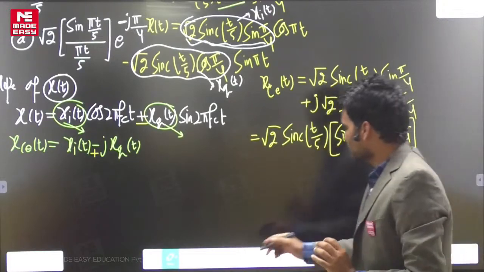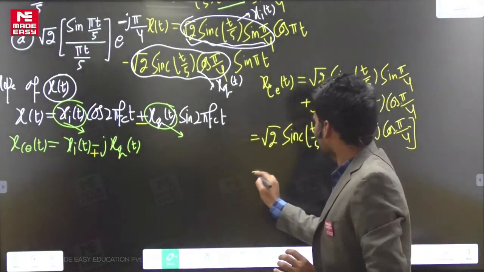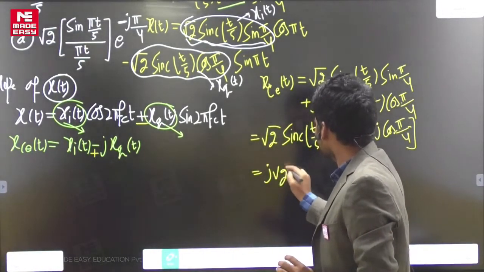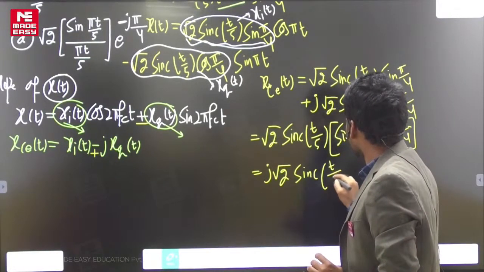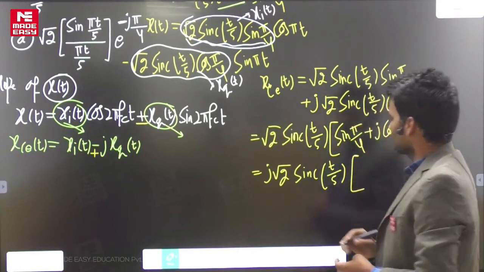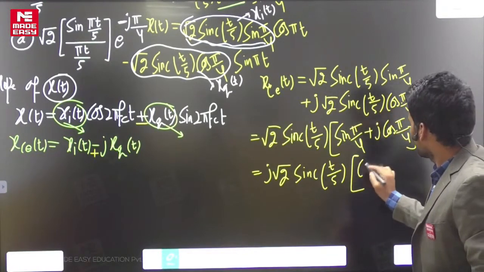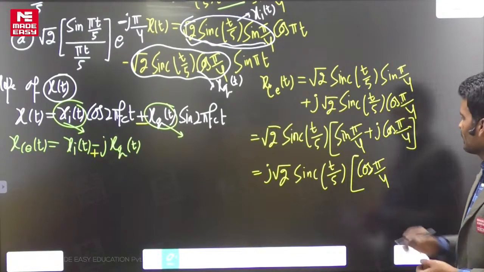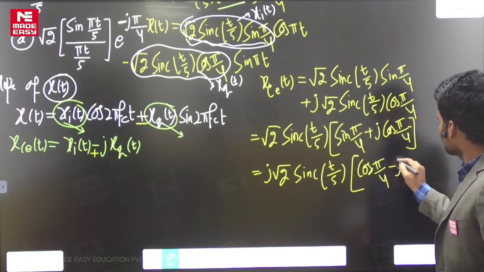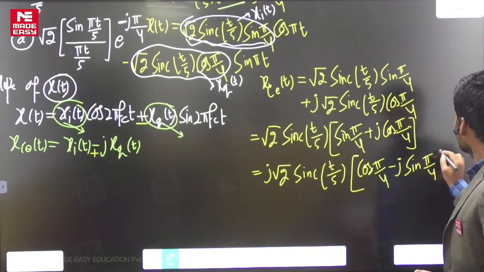For that I take j common: j root 2 sinc(t/π) times [cos(π/4) minus j sin(π/4)], since 1/j means minus j.